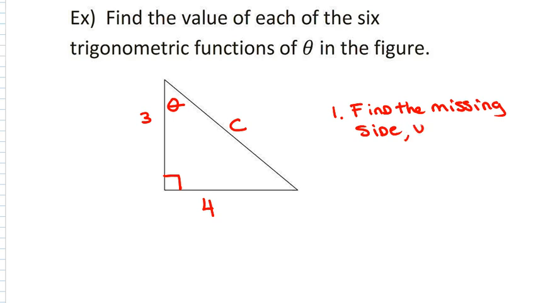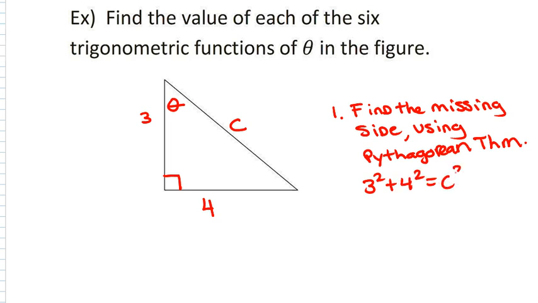Yep, you guessed it, we're going to use the Pythagorean theorem. So we're going to go 3 squared plus 4 squared equals c squared, because remember you set it equal to the hypotenuse squared. And 9 plus 16 is c squared. 25 equals c squared, so 5 equals c.